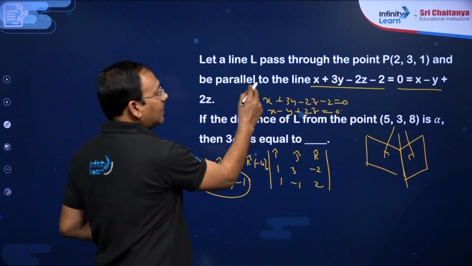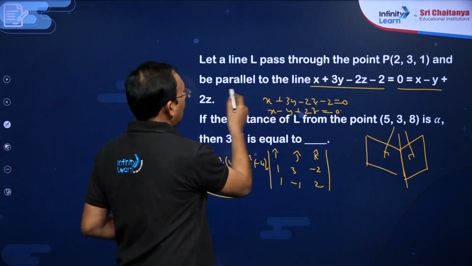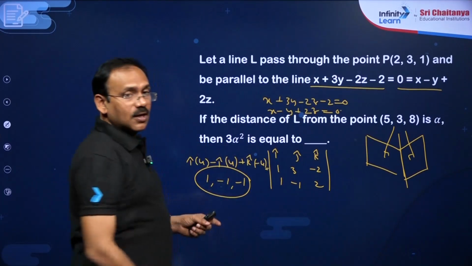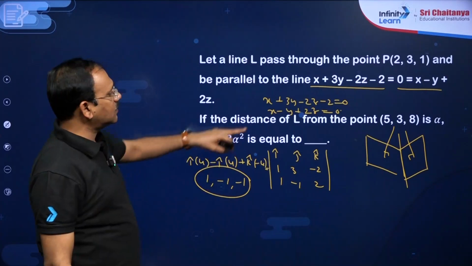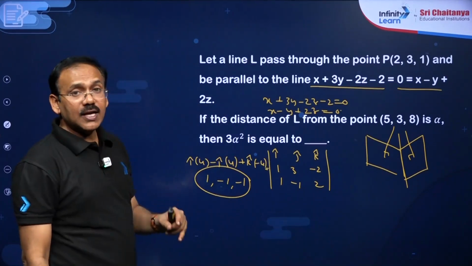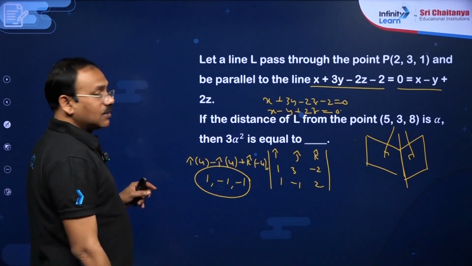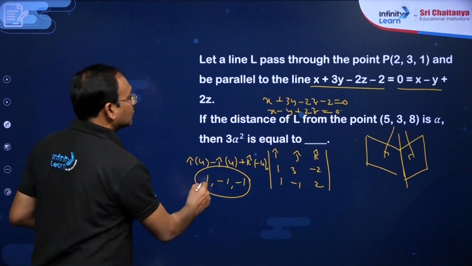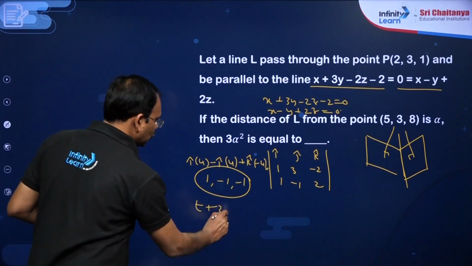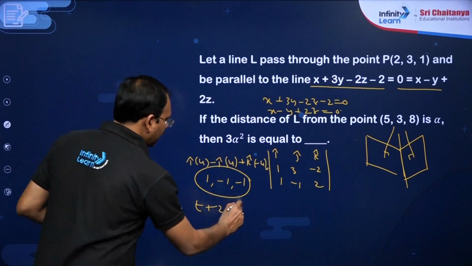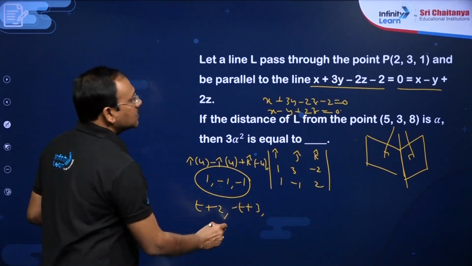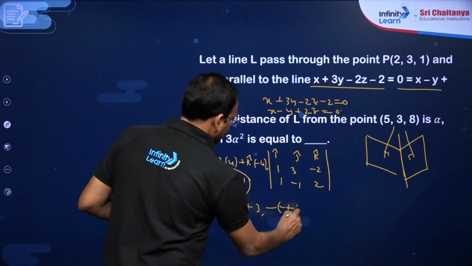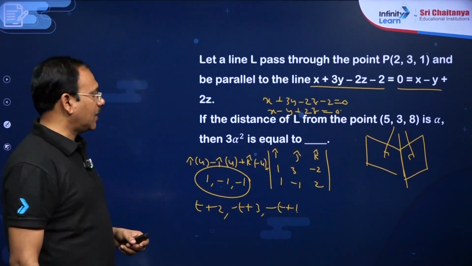So, the line L passes through this point and is parallel to this, so our required line will have these DRs and pass through this point. So, how can you take the general point, dear students? The point and DRs are given: A bar plus TB bar. So, t plus 2, minus t plus 3, minus t plus 1. This is the general point on the line.